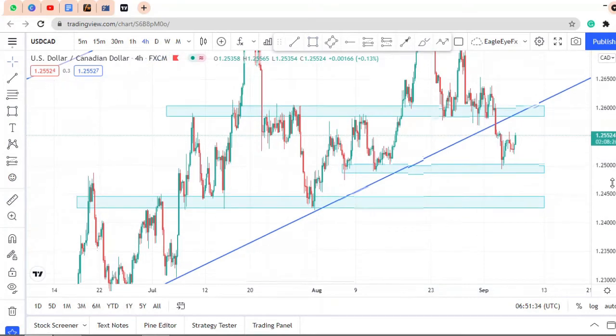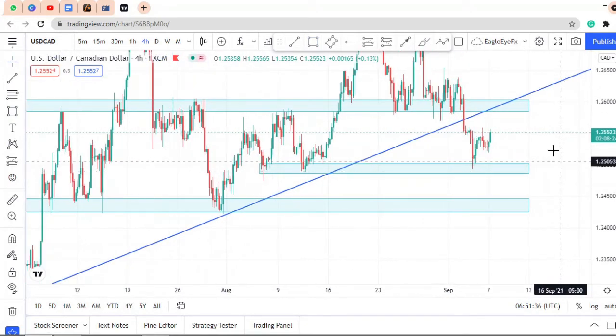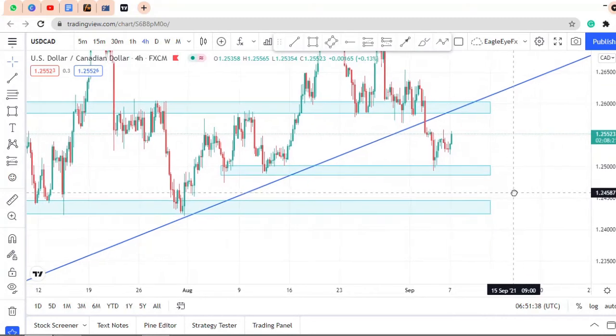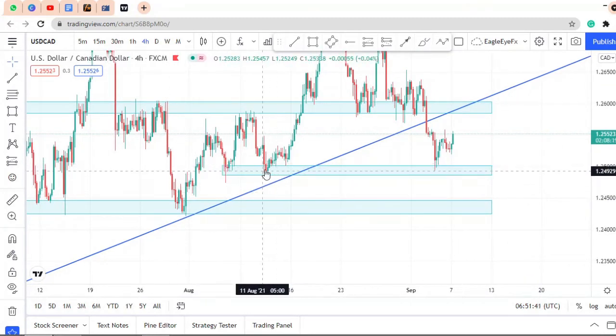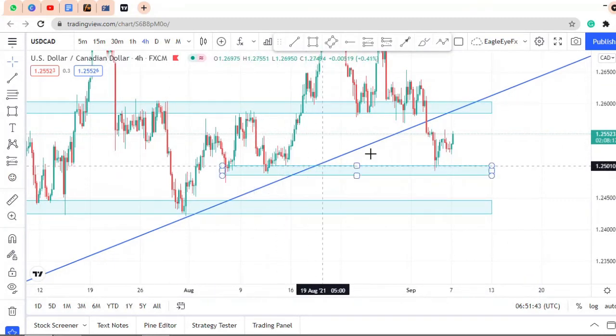Yeah, there's some sort of level there, because you see this market found support in this place almost 3 times.